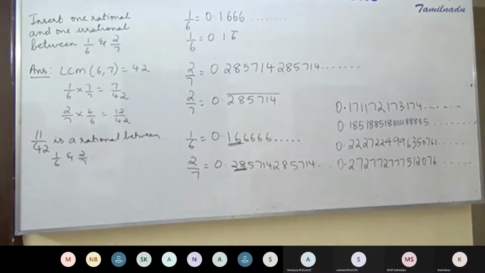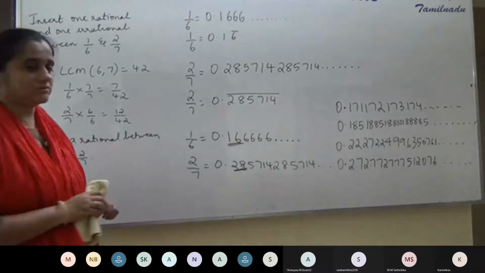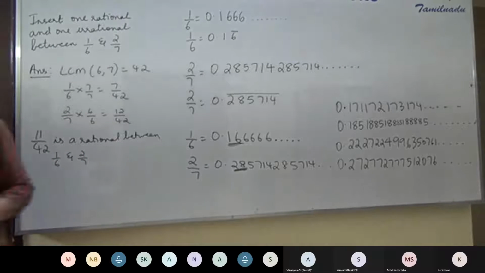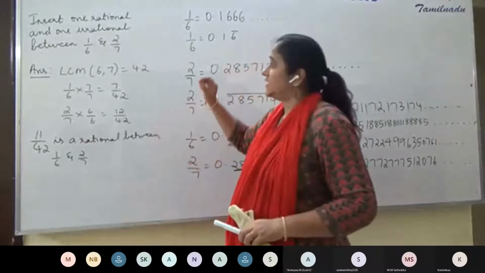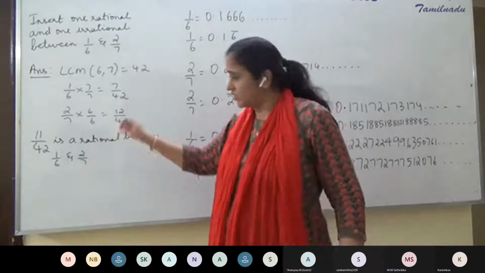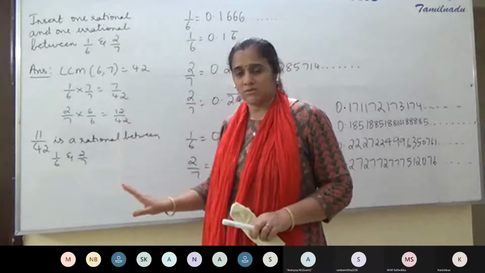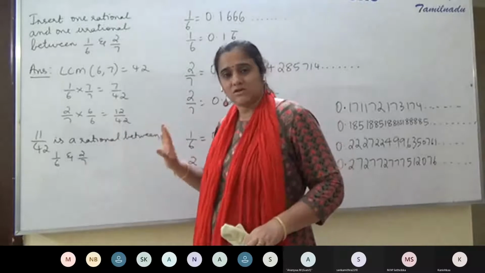Yes, children, if you have any questions, you can ask me. Please write down. You cannot just write the answer. You must write that 11 by 42 is a rational between 1 by 6 and 2 by 7.